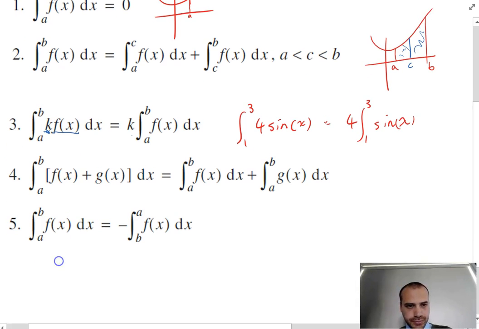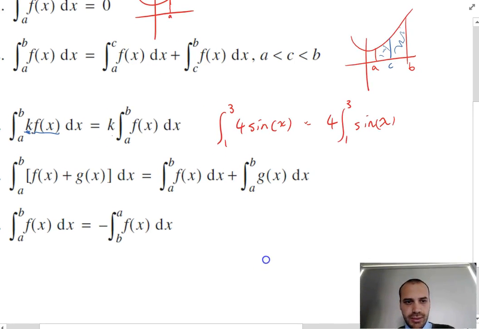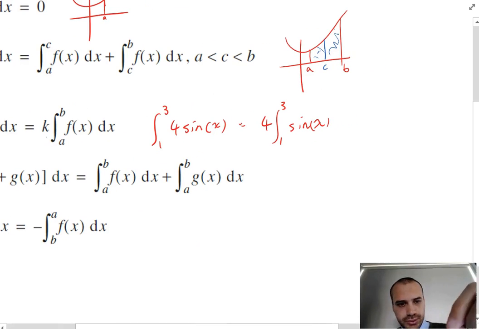Okay, next up, it says the definite integral between b and a of f of x plus g of x with respect to x is equal to the integral of the first function with respect to x plus the integral of the second function with respect to x. So example, let's choose some funky ones.